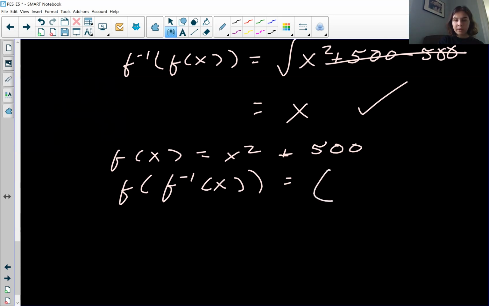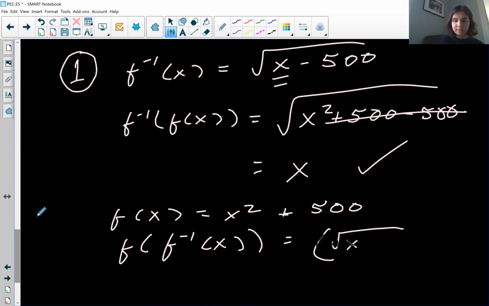So we're squaring the square root of x minus 500. Yes, correcto. Squaring that. My battery's low. We will survive.